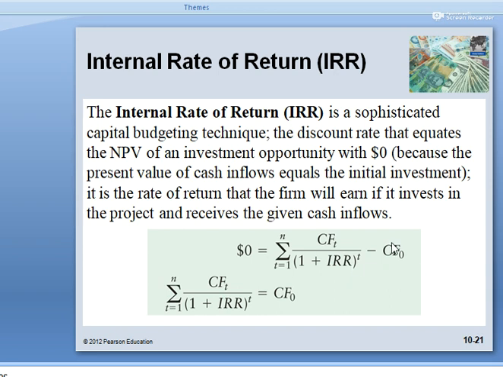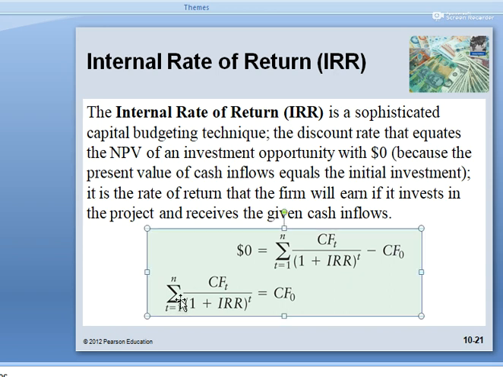Now we can bring this CF0, that is the initial investment, to the left hand side. Then we can see that the summation of CFT divided by 1 plus R to the power T is the present value of cash inflows, and it is equal to the initial investment.